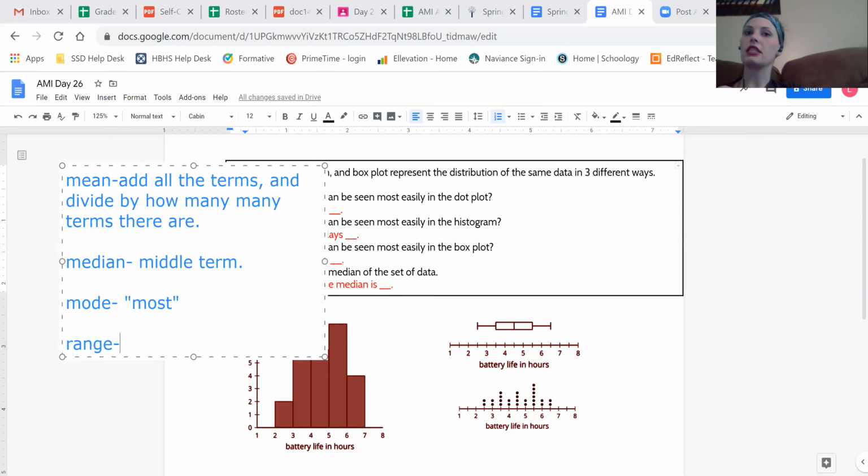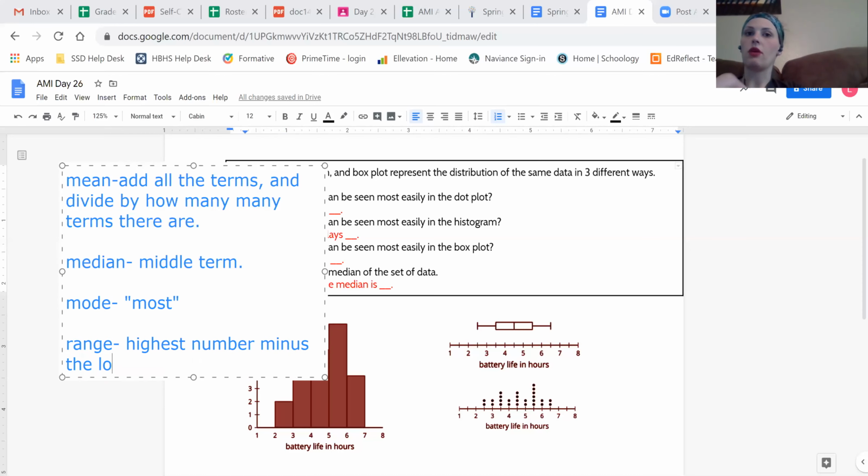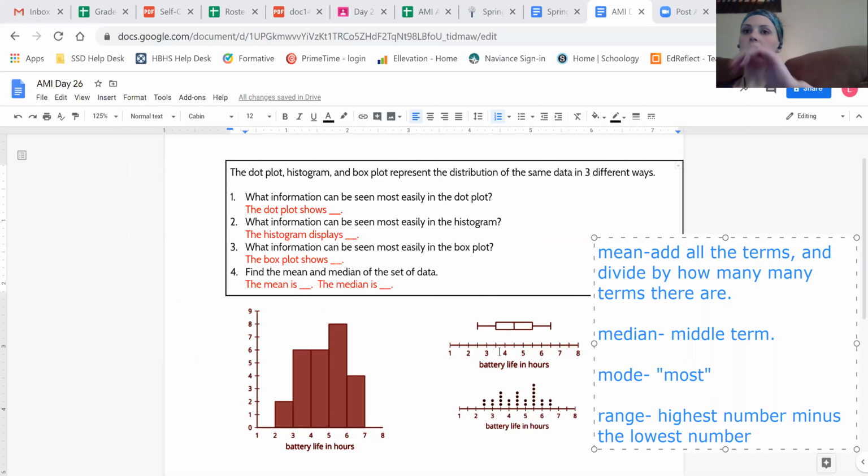And then the range is going to be how much this spans. So it would be the highest number minus the lowest number, right? So these are some things that you could choose from as you're deciding what each data representation can give you.